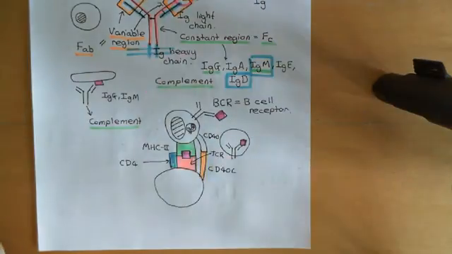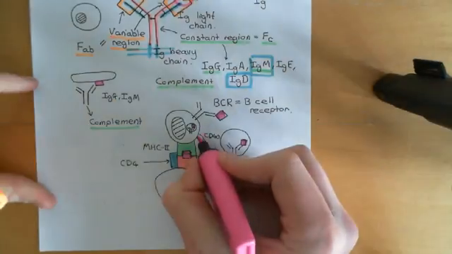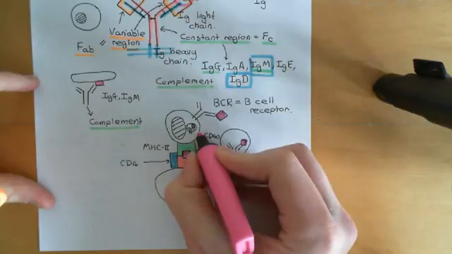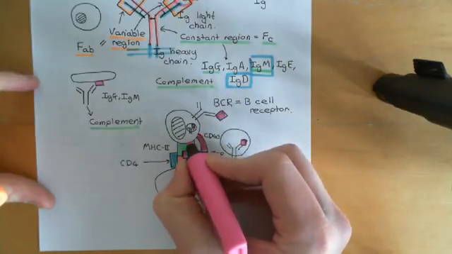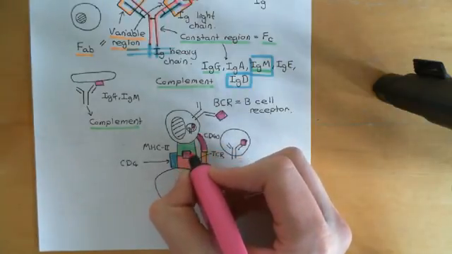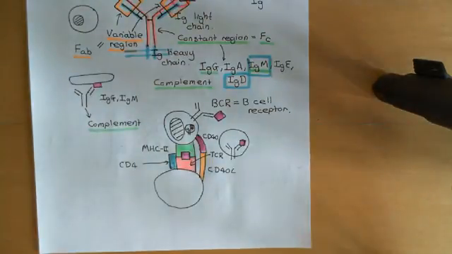I colour in the CD40 in purple here. That, together with the activation of the MHC class 2, which you get when the T cell receptor and the CD4 bind to the MHC class 2, is then going to activate the B cell.